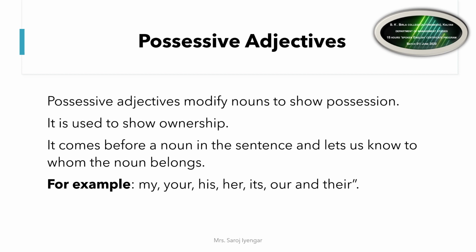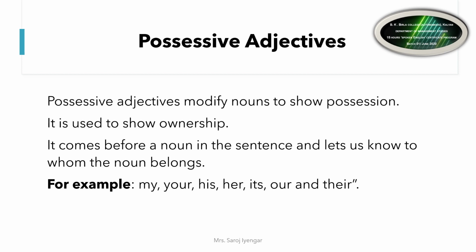Right? Again, if I tell you, I think her dog has eaten my food. Now here, the possessive adjectives her and my are sitting before the nouns dog and food to tell us who owns them. Correct?